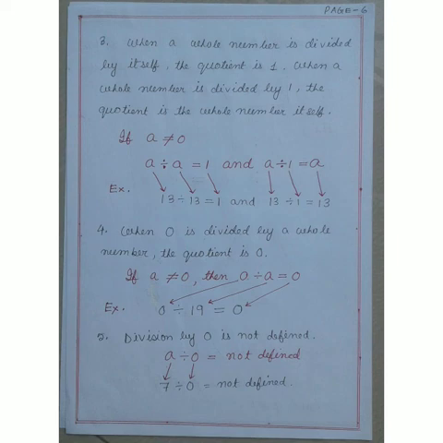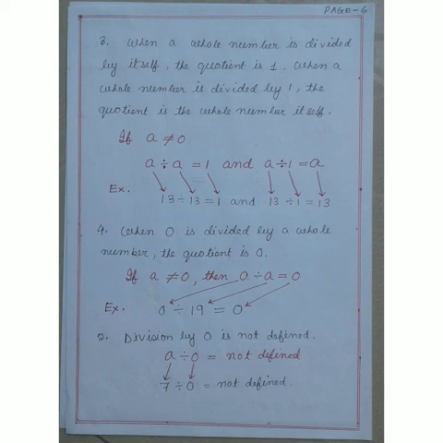Property number 4, when 0 is divided by a whole number, the quotient is 0. If A is not equal to 0, then if I divide 0 by A, we shall get the answer 0. I have taken the example 0 divided by 19, which is equal to 0.